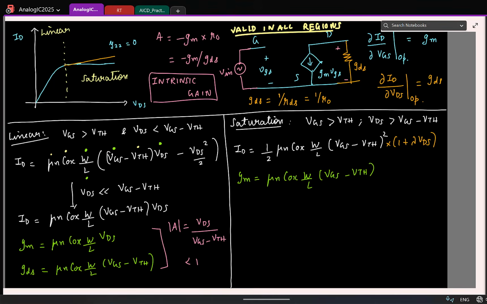But for most of these calculations, we assume that this slope is very small and we can ignore it. Basically, this equation is not exact, it's approximate, and the approximation is okay because to start with this equation itself is already approximate. To make our life simple, we'll ignore this for operating point calculations.